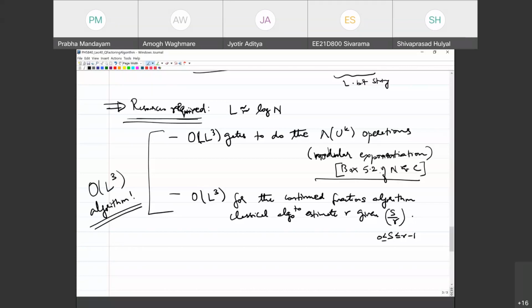So this again created quite a stir because there is still today no known classical algorithm which can do order finding using resources which are polynomial in n.